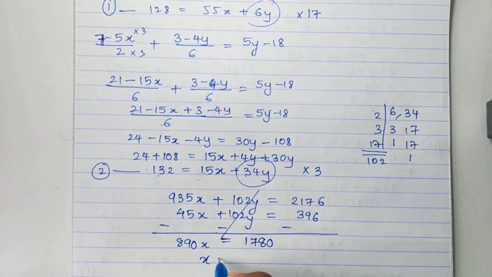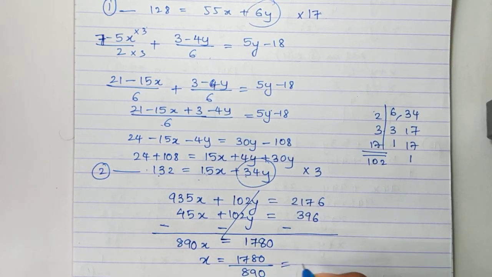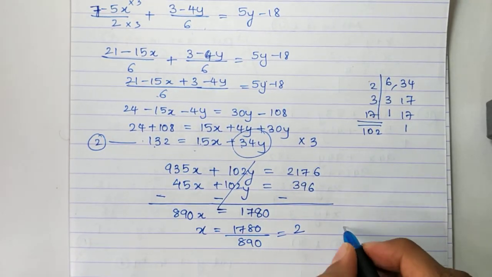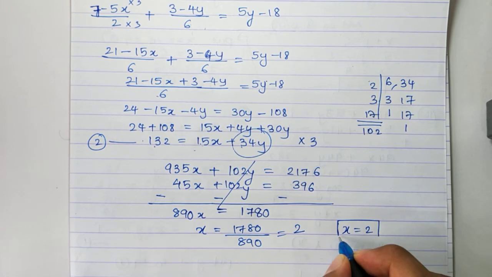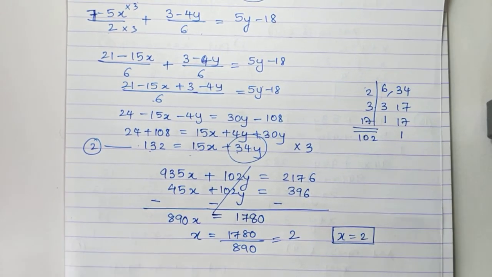Now therefore x will be 1780 upon 890 and that is 2. Okay, so what did we get for x? 2. Now once you have x as 2, you can use any equation and find y.